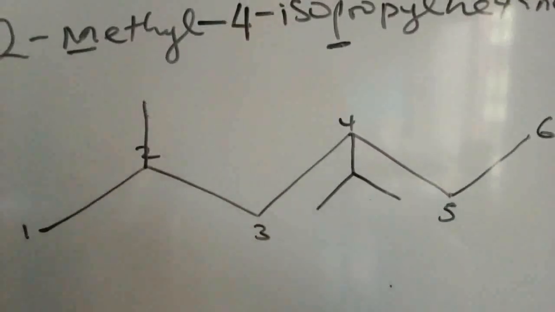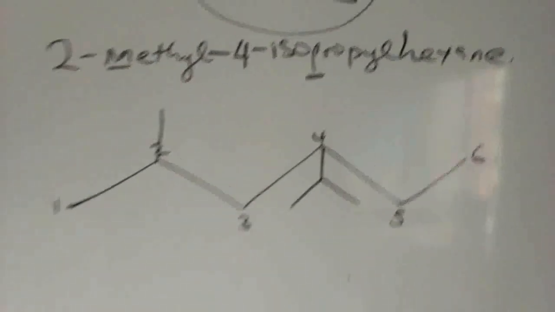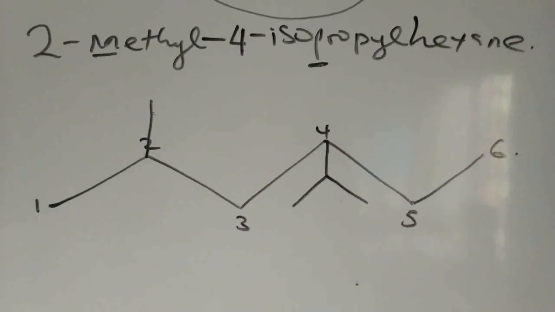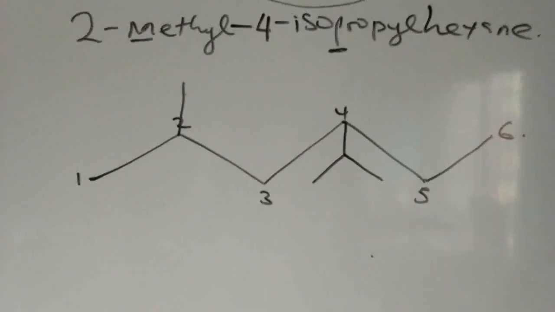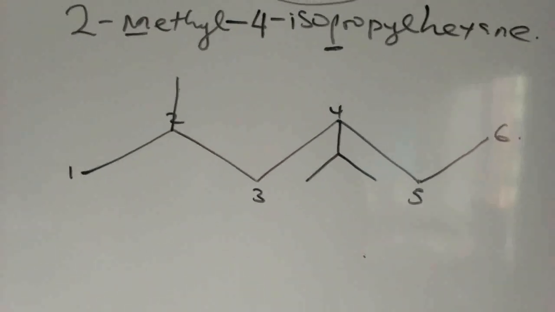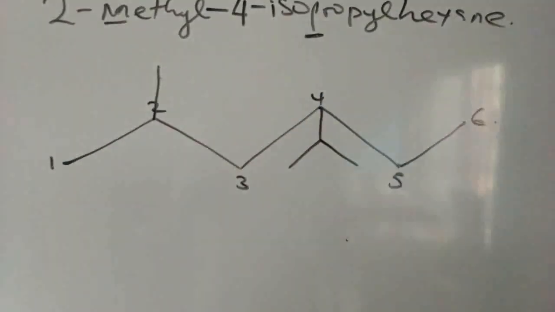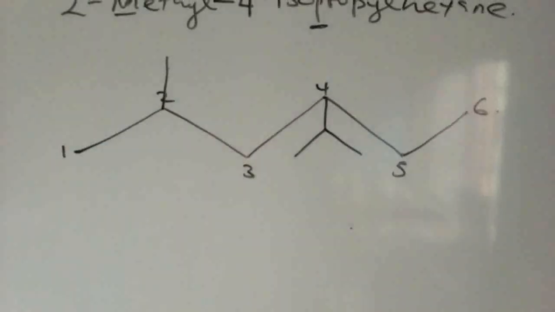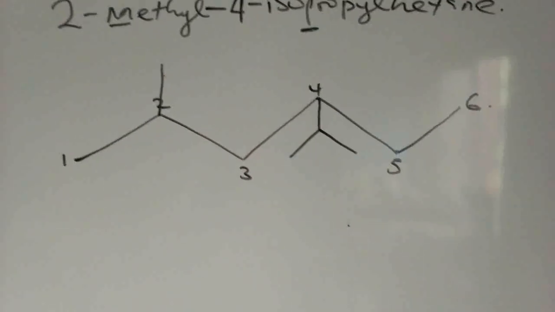You see the structure. So that is the structure of 2-methyl-4-isopropyl hexane. You can also put it up when you want to show a trans or cis position. That is the structure shown on the board for you.